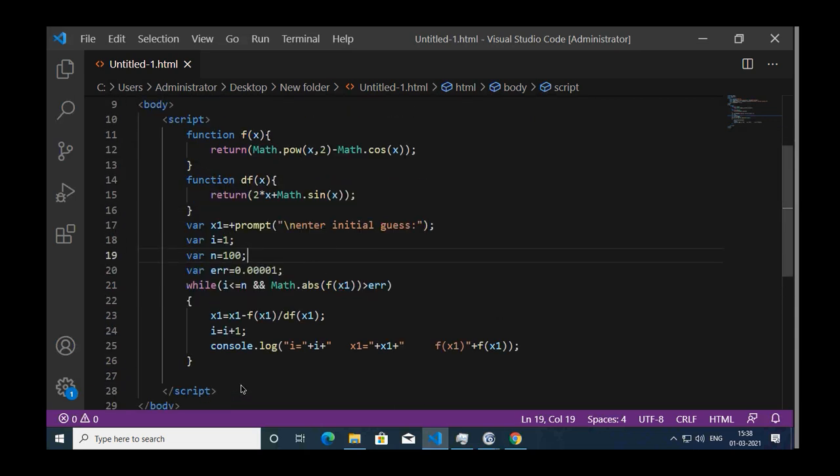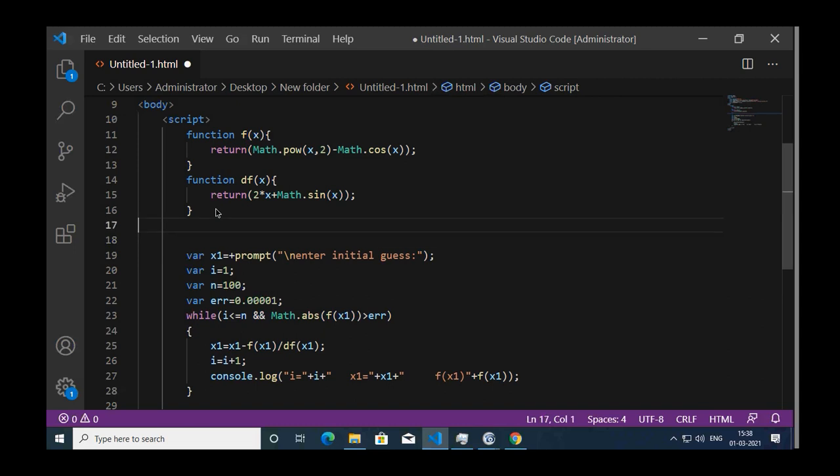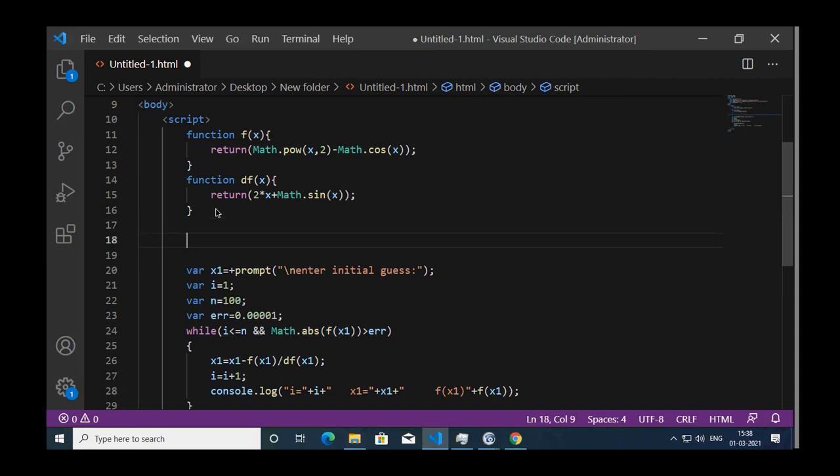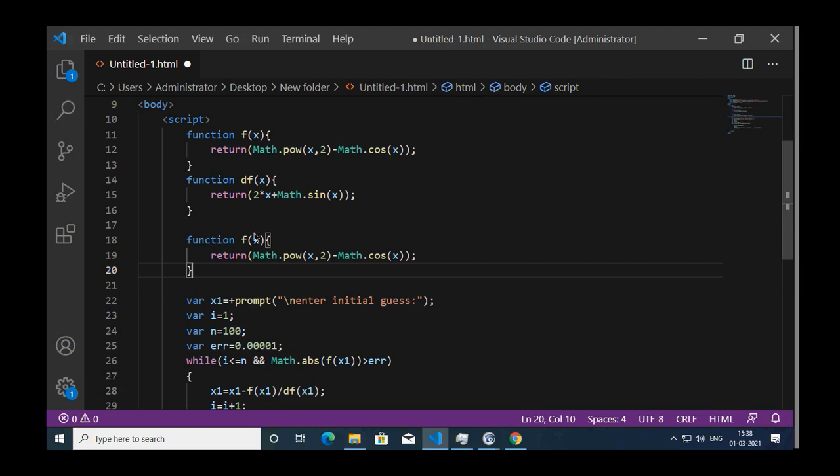Now what I do, I modify this, and I'll make this for the successive approximation method. In successive approximation I require g of x instead of f of x, and the idea is pretty much the same.